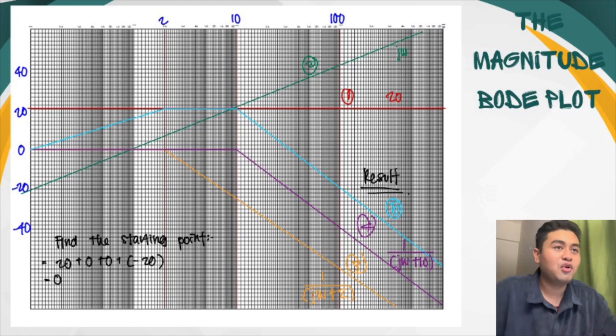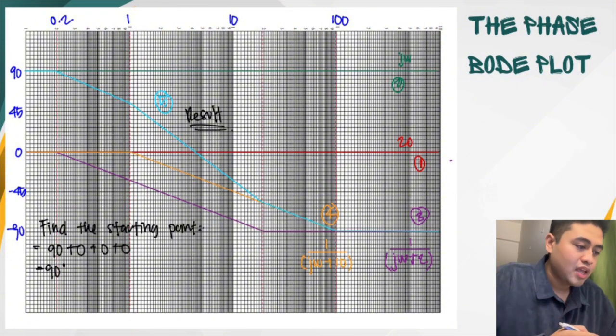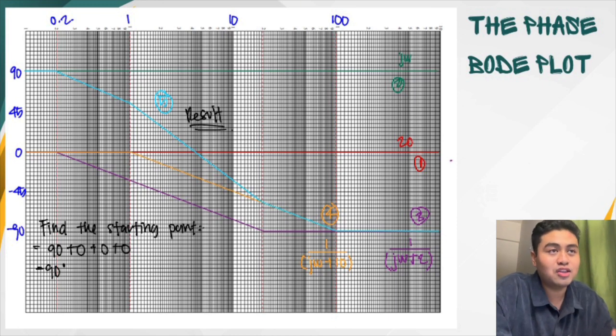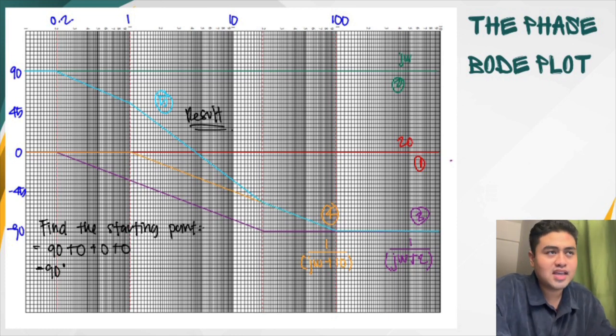So next we go to the next slide, how to make the phase of the Bode plot. The difference is actually none; it is the same thing. Both magnitude and phase use the same steps, but each has its own requirement.